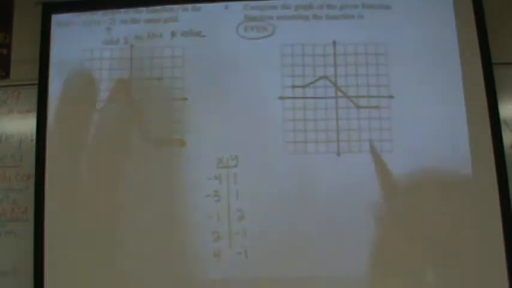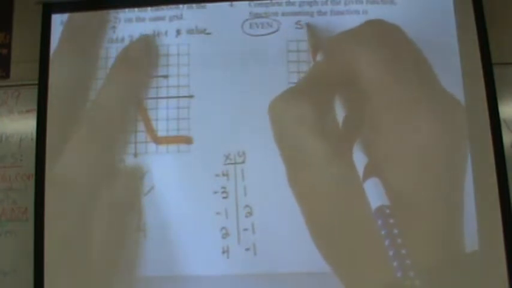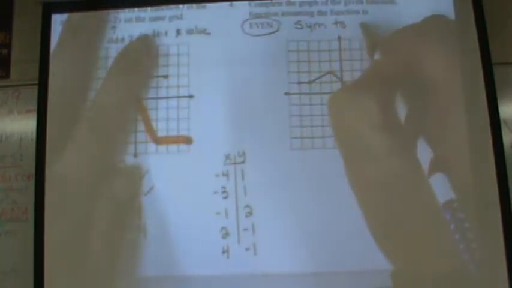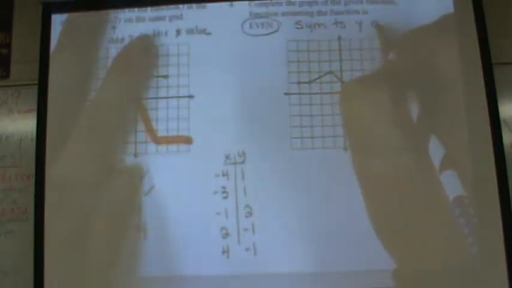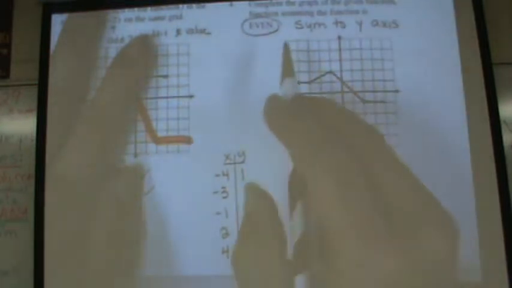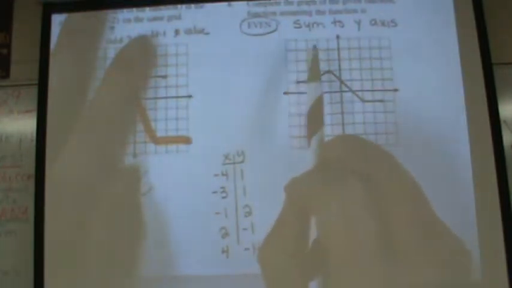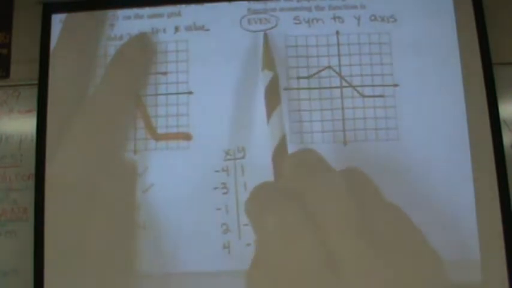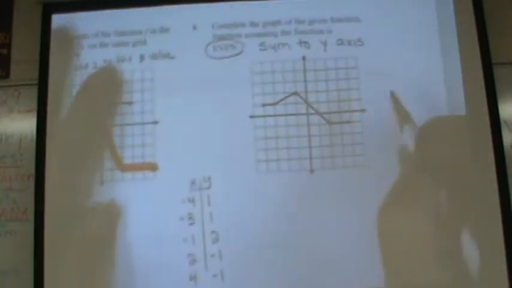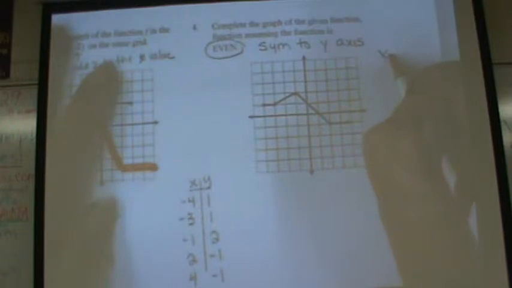Now to make a graph an even function, even means it has symmetry to the y-axis. If it said odd, it would be symmetrical to the origin. How do you make something an even function? What you do is you take all your x values and you change their signs.